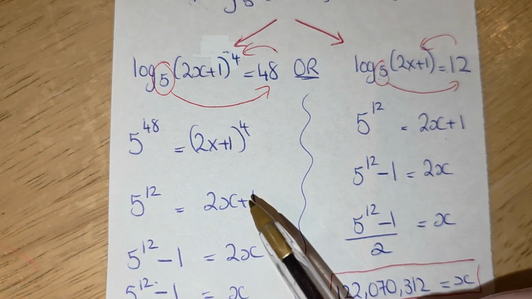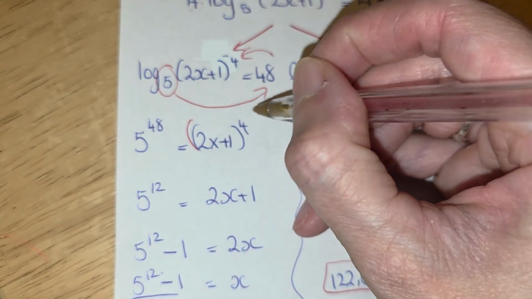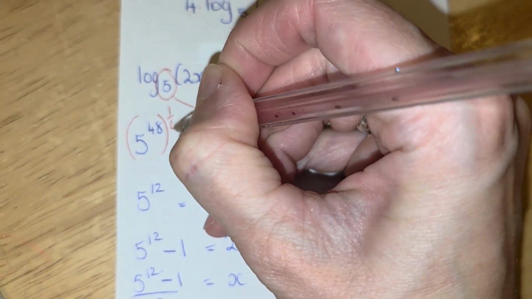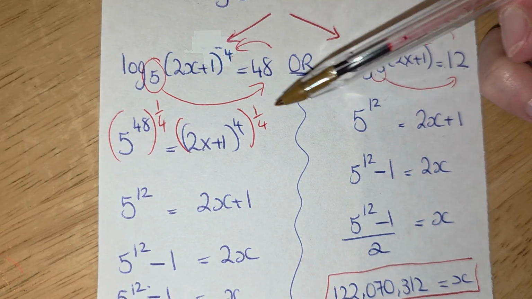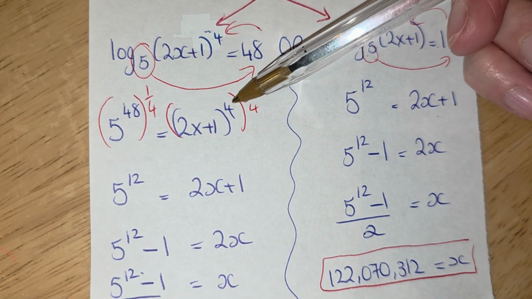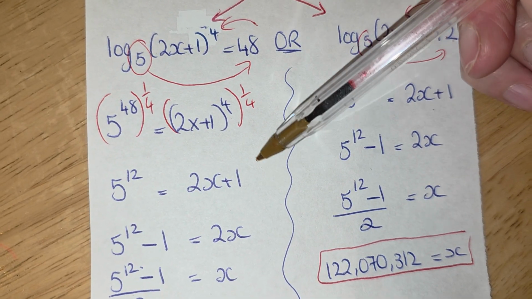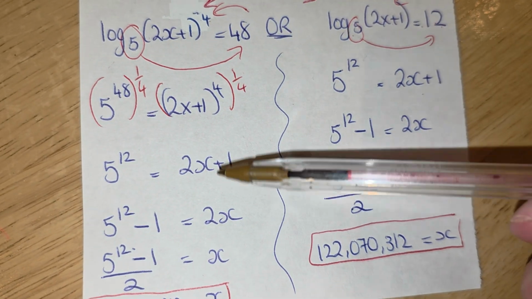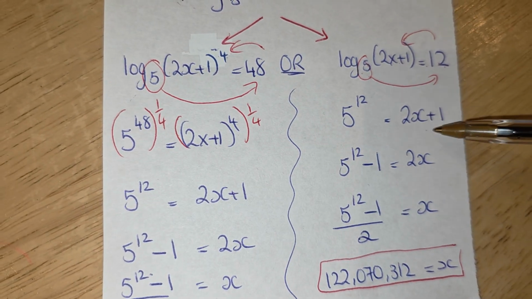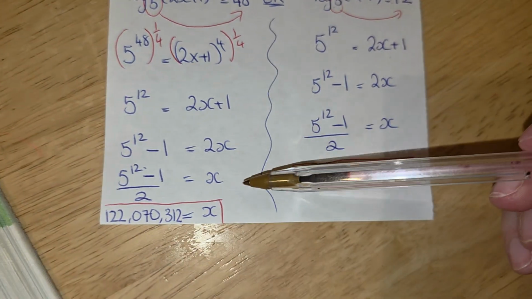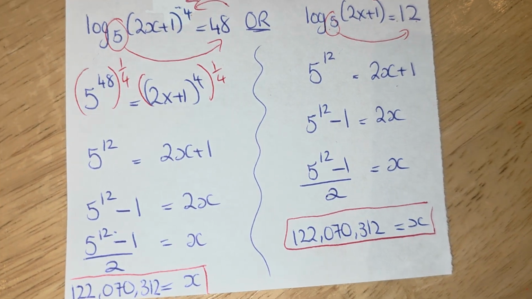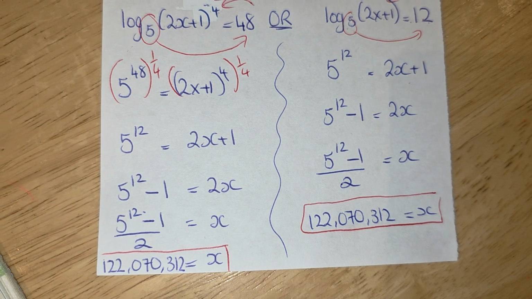You put it to the power of a quarter, its reciprocal, or you could get the fourth root of both sides. What you do to one side, you must do to the other. So I'd get a power of a quarter on both sides. Apply rules of indices. Power to a power means you multiply, so you'd get a power of 1. 48 multiplied by a quarter is a power of 12. And now I am back to the same stage I was here. Out and solve it and you get the same answer. So I've now solved that equation 4 different ways and I'm getting the same answer regardless.